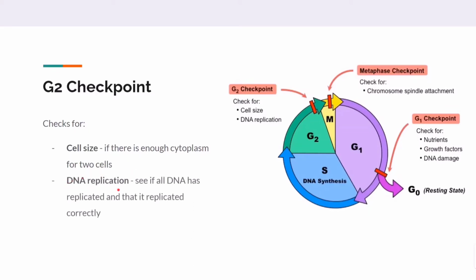So it sees if all of the DNA in S phase has been replicated and if it's been replicated correctly. Because if not all the DNA has been replicated, then there will be some missing chromosomes from one of our daughter cells, and if it's not replicated correctly, we will have mutations in our daughter cells.